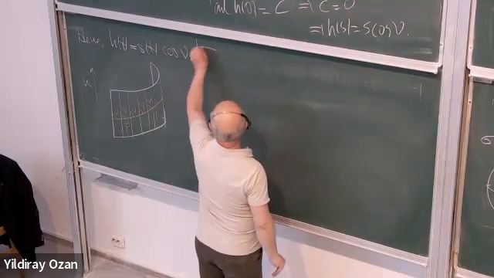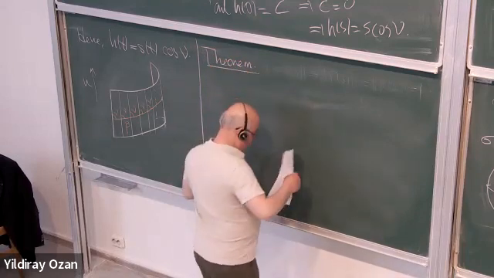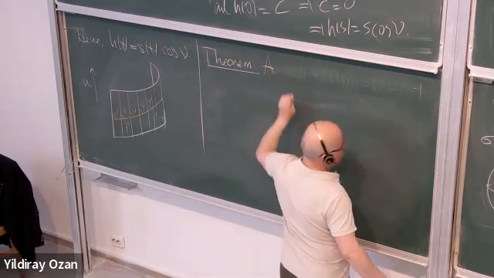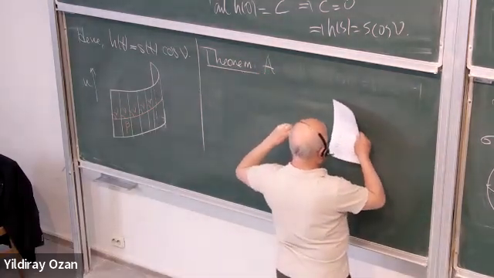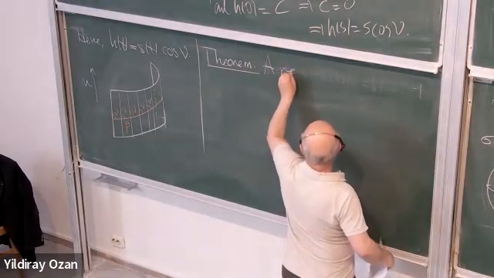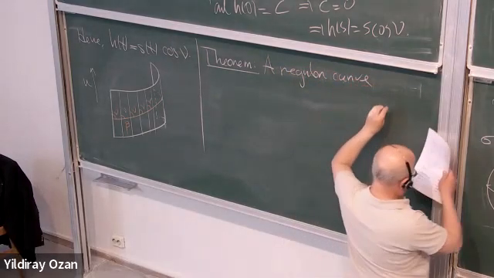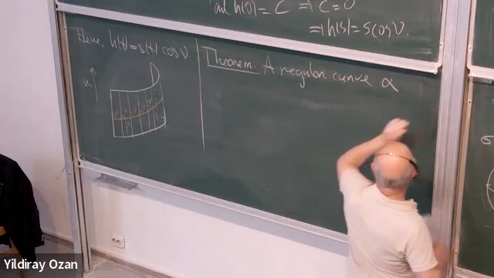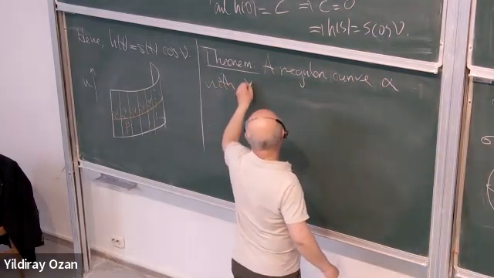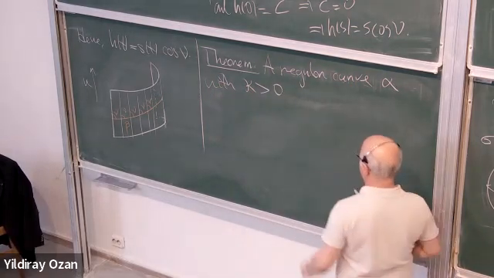And here is a result related to this, which characterizes these cylindrical helix curves. A regular curve alpha, not necessarily unit speed, with positive curvature. We require that the curvature is positive.